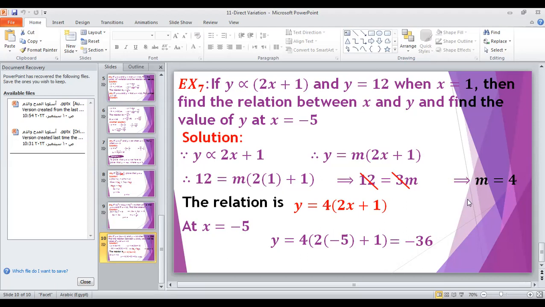Then the relation is, don't forget to write the relation. Y equals m, which equals 4, then y equals 4, open bracket 2x plus 1. This is the relation between y and x. Don't forget to write the relation.